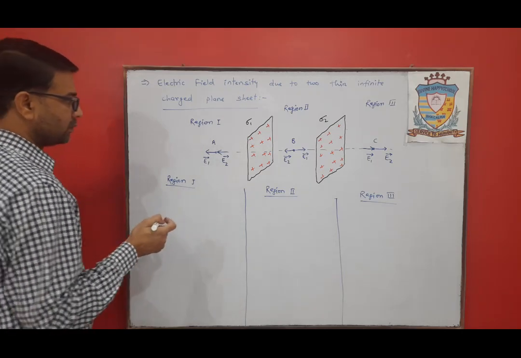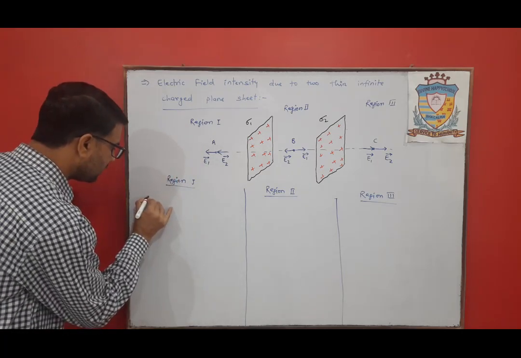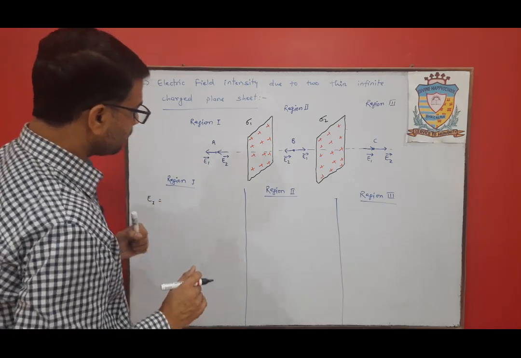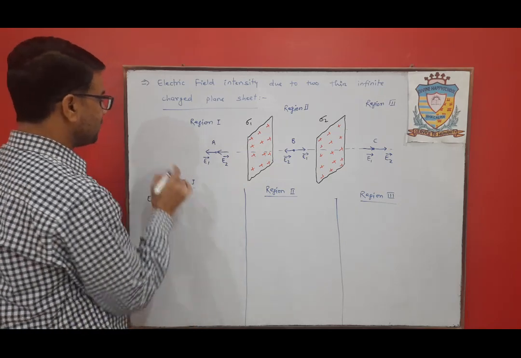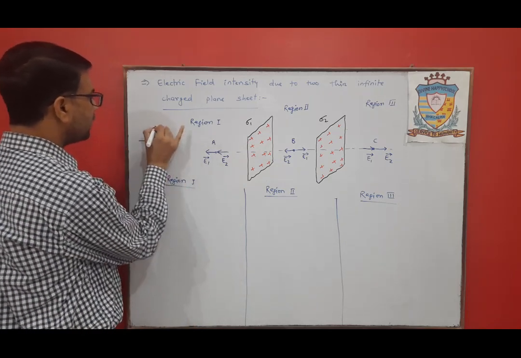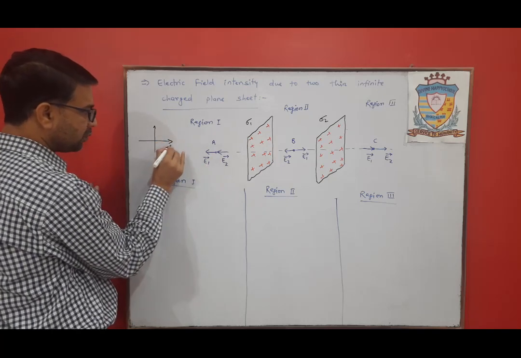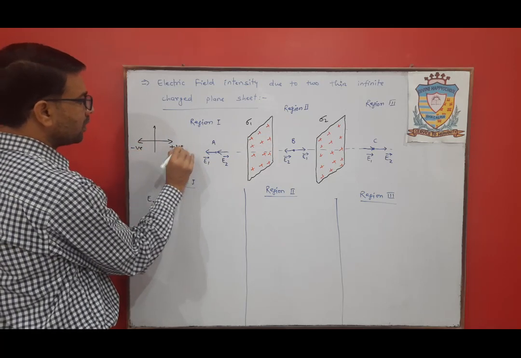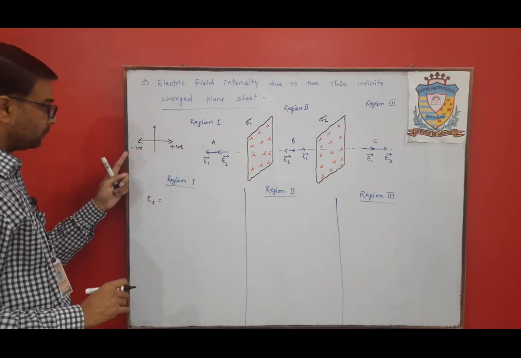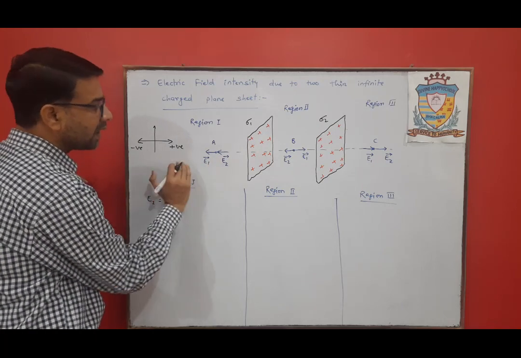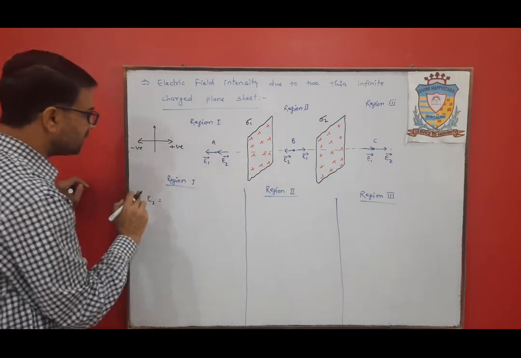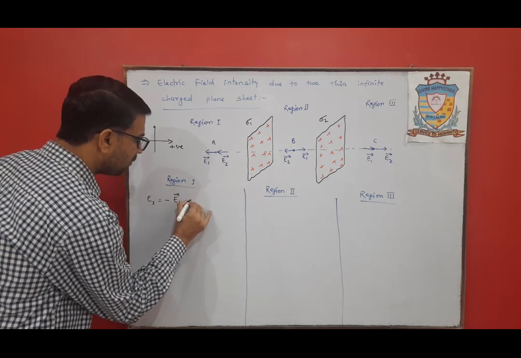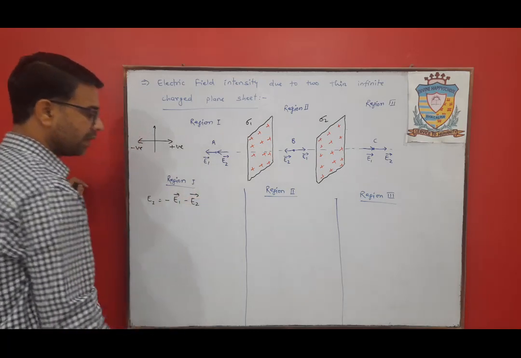So in region 1, the net electric field intensity is equal to, we'll first consider the sign convention. As we know, this direction is taken as positive and this direction is taken as negative. So these two will be negative because these two are in negative x-axis. That means minus E1 and minus E2. Clear?